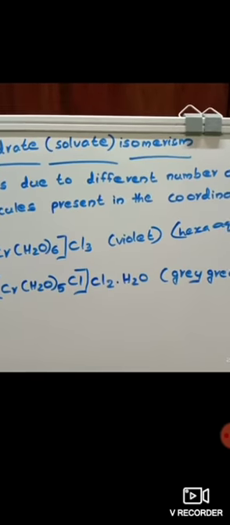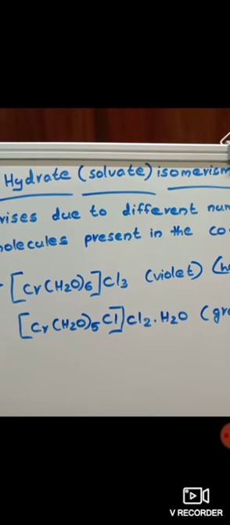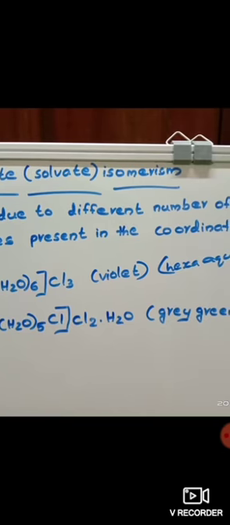We can take one example. [Cr(H2O)6]Cl3, which is violet in color, and [Cr(H2O)5Cl]Cl2·H2O, which is grey-green in color.